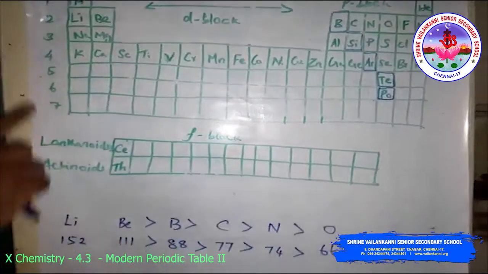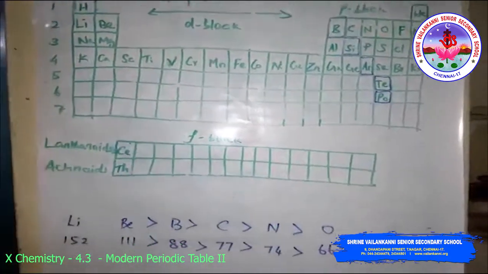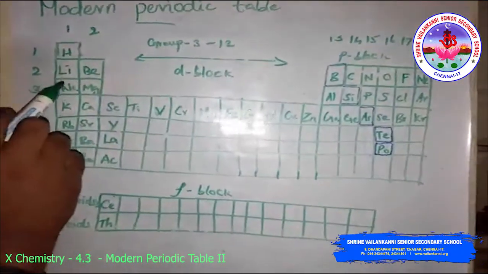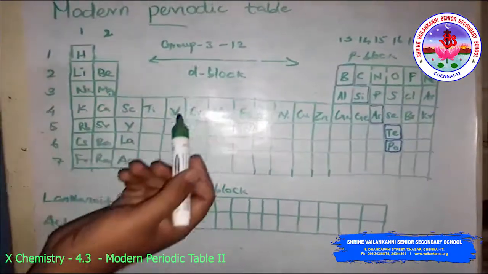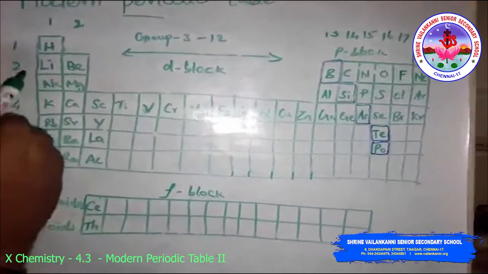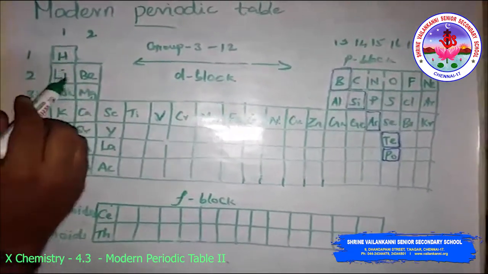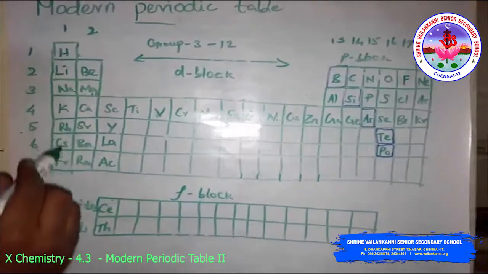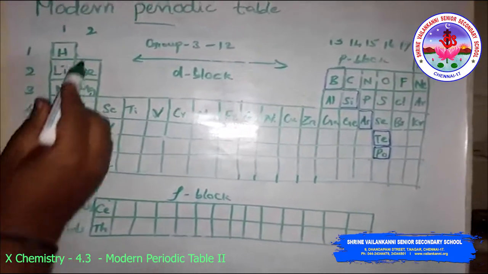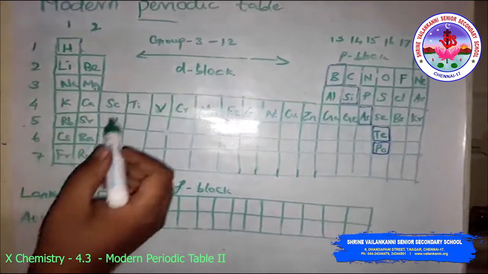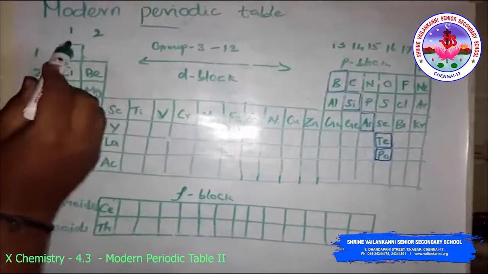Then metallic and non-metallic properties. Look at this periodic table. Here, the metallic properties: except hydrogen, the group 1 elements are called alkali metals, and the group 2 elements are alkaline earth metals, and these are also called s-block elements.